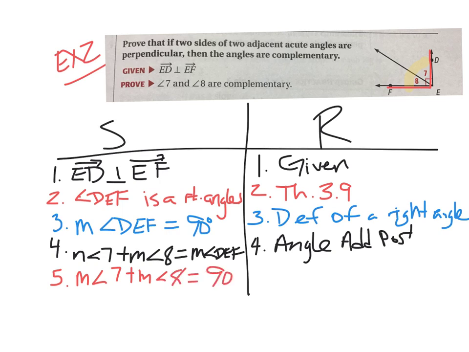Okay, now if I want to say the measure of angle 7 and the measure of angle 8 equal 90, what did I just do? I have the measure of angle DEF equals 90, and then I have the measure of 7 and 8 equals DEF. So I basically took the 90 and I plugged it in here, right? What's that called? Substitute. Yep. Substitution.